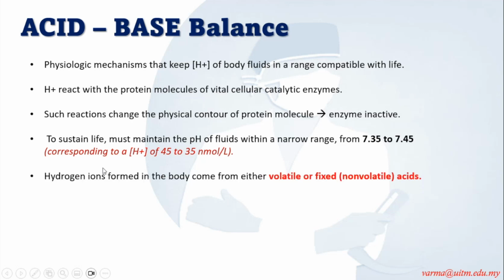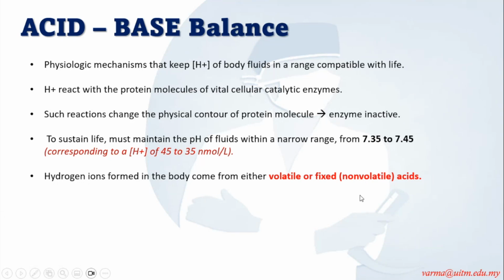Okay, so hydrogen ions form in the body. It comes from two types of acids, called volatile acids and non-volatile acids. Volatile acids mean acids that can be easily changed from one form to another, or acid that can be easily eliminated, whereas fixed non-volatile or metabolic acids are coming from metabolism. They are fixed.